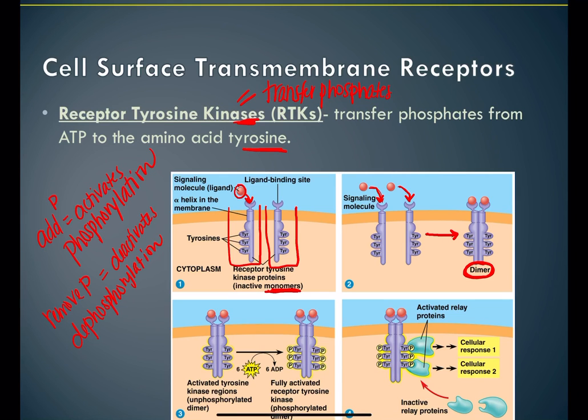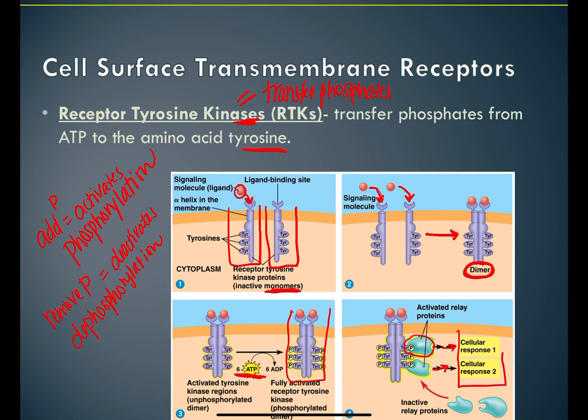So this tyrosine dimer, in order to be activated, is going to have some phosphate on it. We actually need 6 ATP to do that job because there are 6 tyrosines that need to be phosphorylated. And that's going to fully activate this tyrosine dimer, which can then go on and bind some proteins that are going to elicit a cellular response.